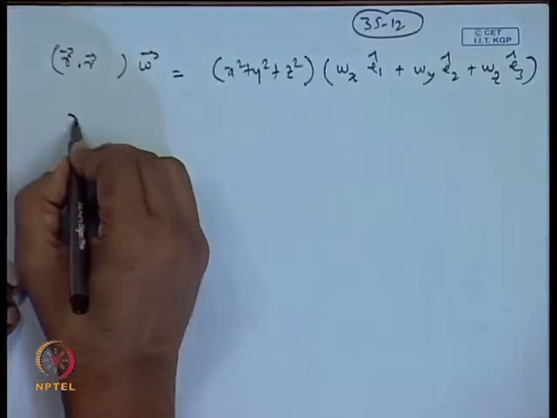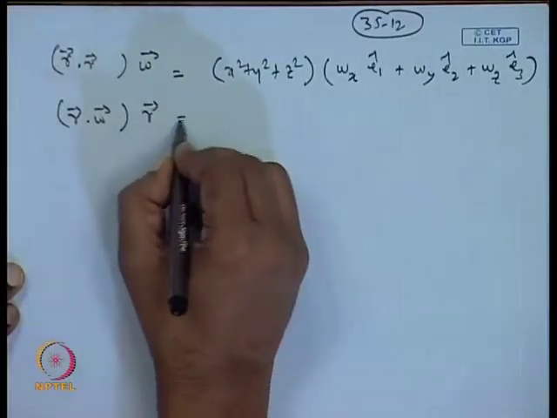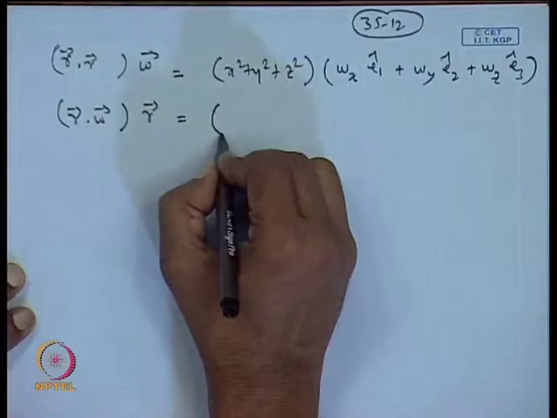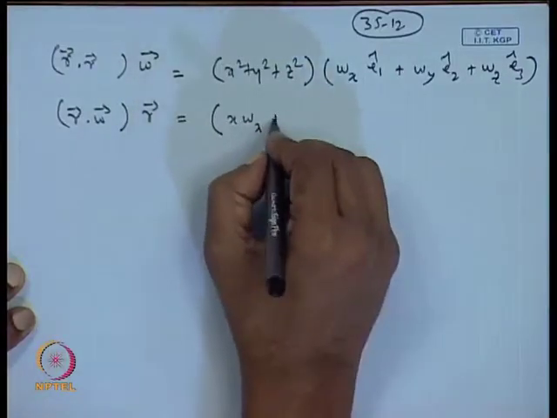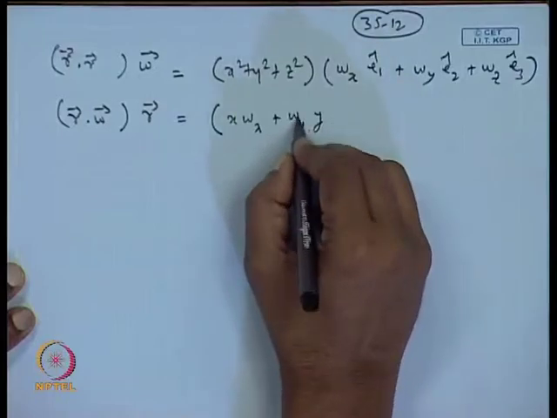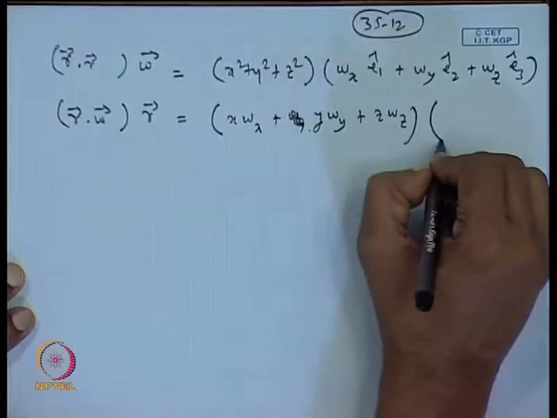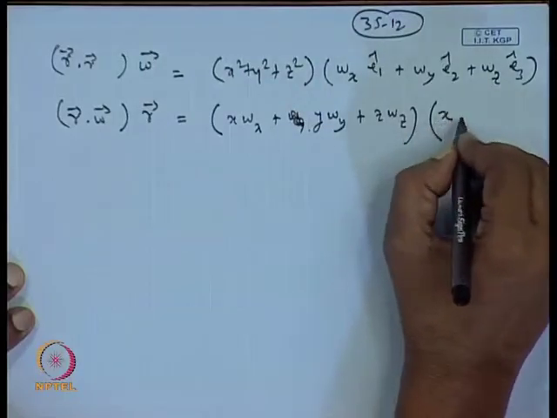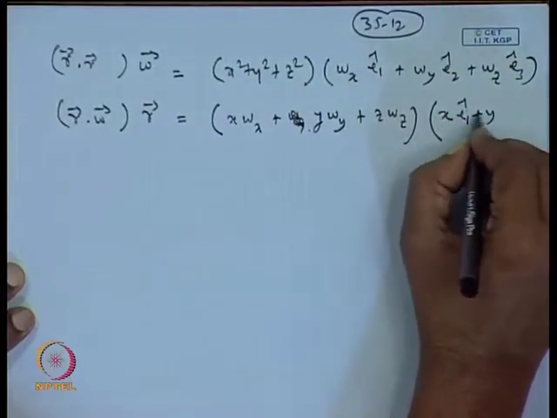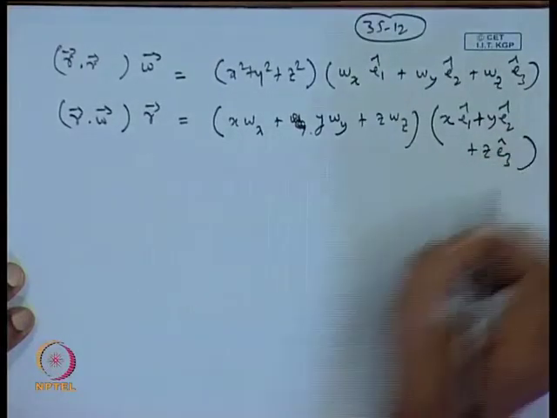Similarly, we have r dot omega times r, this is x omega x plus omega y times y and z times omega z, times x E 1 cap plus y E 2 cap plus z E 3 cap.